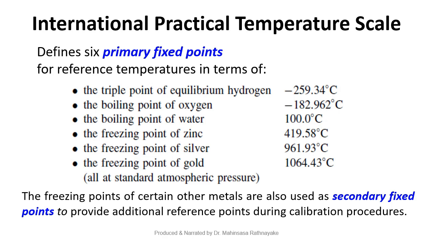All these fixed points are at standard atmospheric pressure. In addition, the freezing points of certain other metals can also be used as secondary fixed points to provide additional reference points during the calibration procedures of temperature.